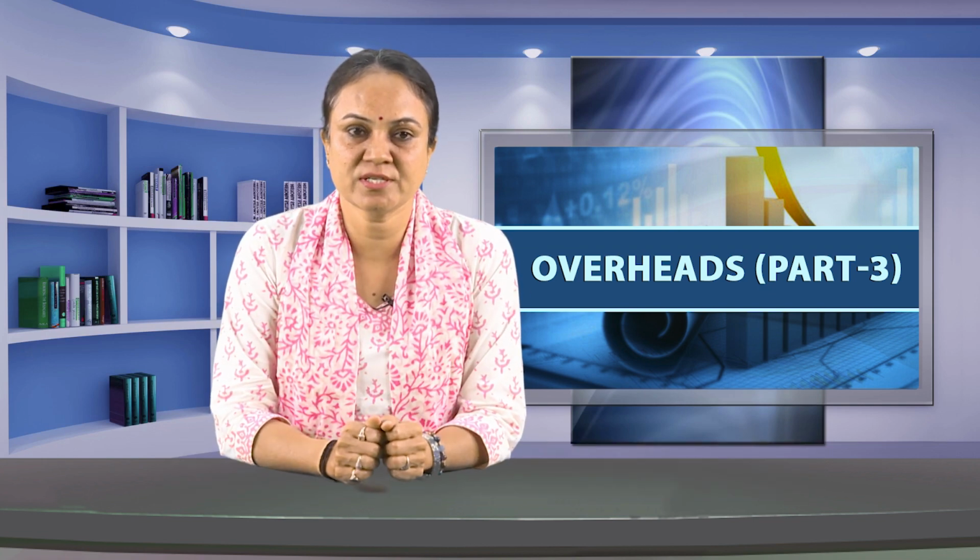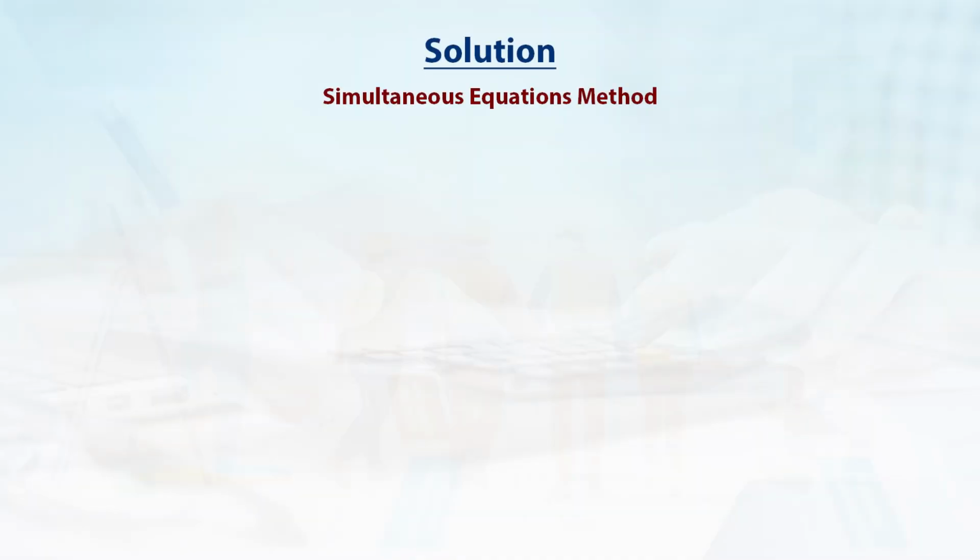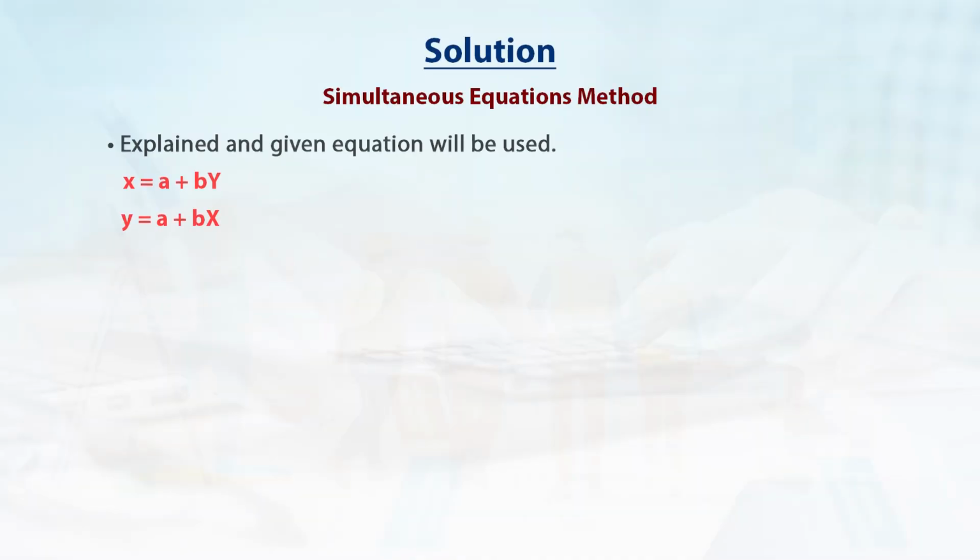Let's solve this question. First, using the simultaneous equation method. As explained and given, we will use x is equal to a plus b into y and y is equal to a plus b into x.